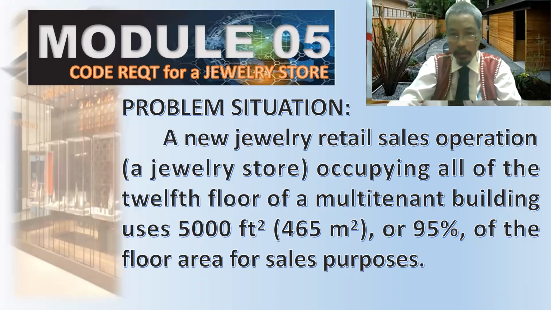Problem situation: a new jewelry retail sales operation, or a jewelry store in short, occupying all of the 12th floor of a multi-tenant building, uses 5,000 square feet, or equivalent to 465 square meters, or 95% of the floor area for sales purposes. Okay, so this store occupies all of the 12th floor of a building.